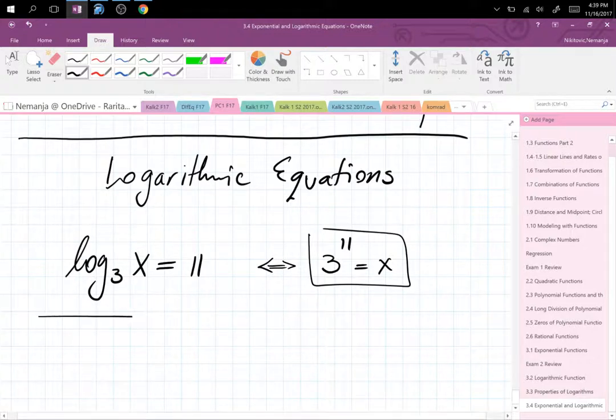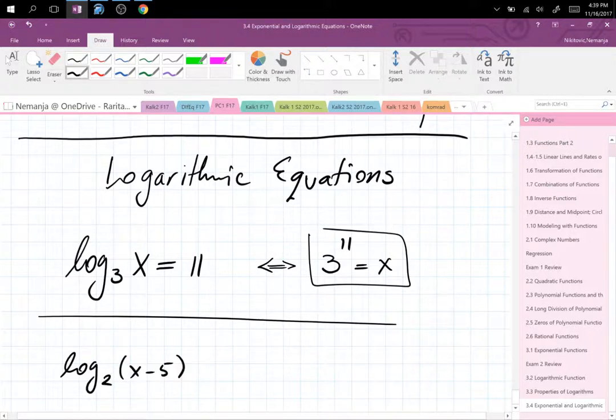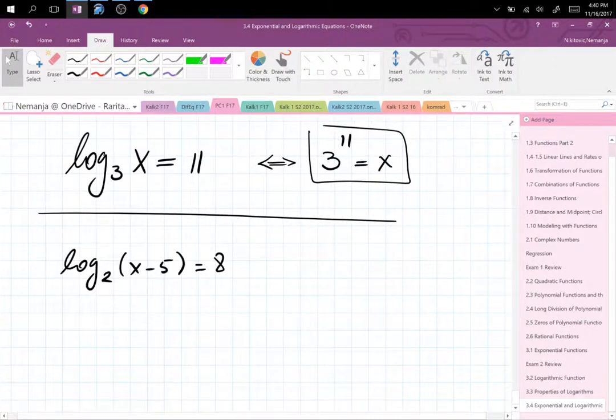How about log base 2 of x minus 5 is equal to, I don't know, 8? What's the conversion on this?